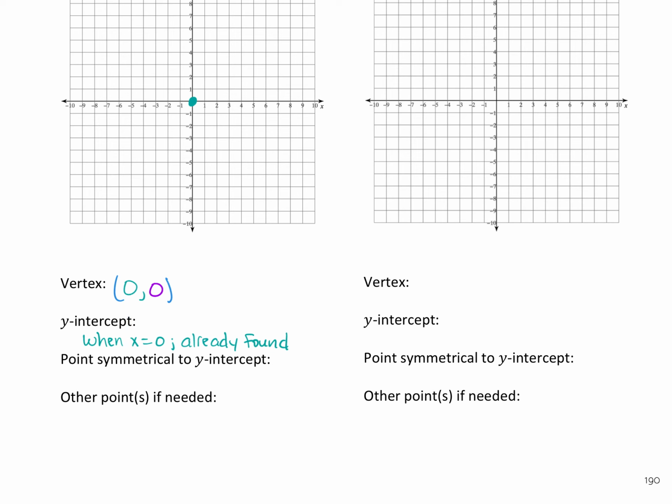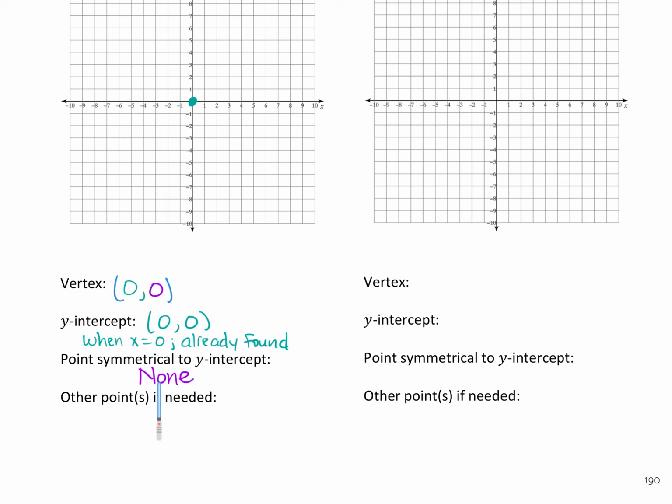So that just happens to be the exact same as the vertex. And if that's the case, you don't have to do any work. It's the exact same as the vertex. And then the point symmetrical to the y-intercept, because the vertex and the y-intercept are the exact same, there's not going to be a point symmetrical to the y-intercept. So you would say that there's none.